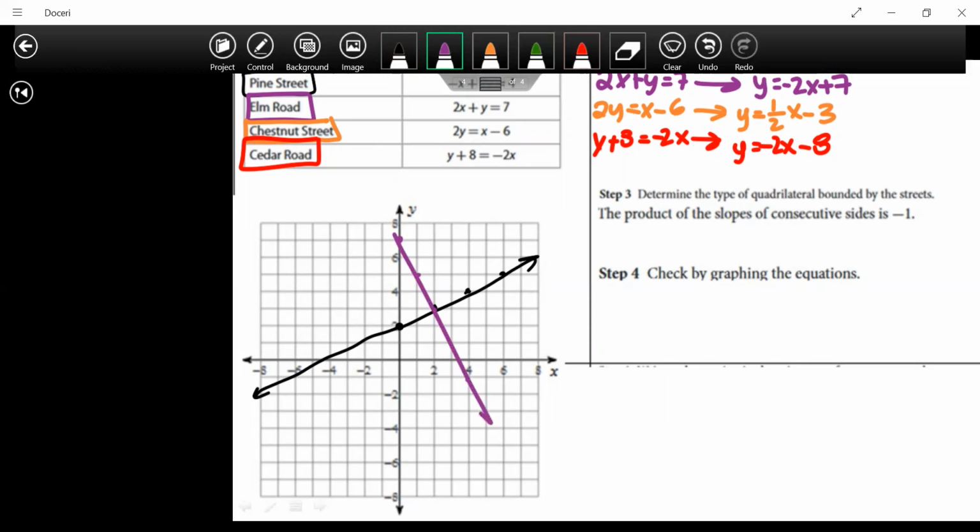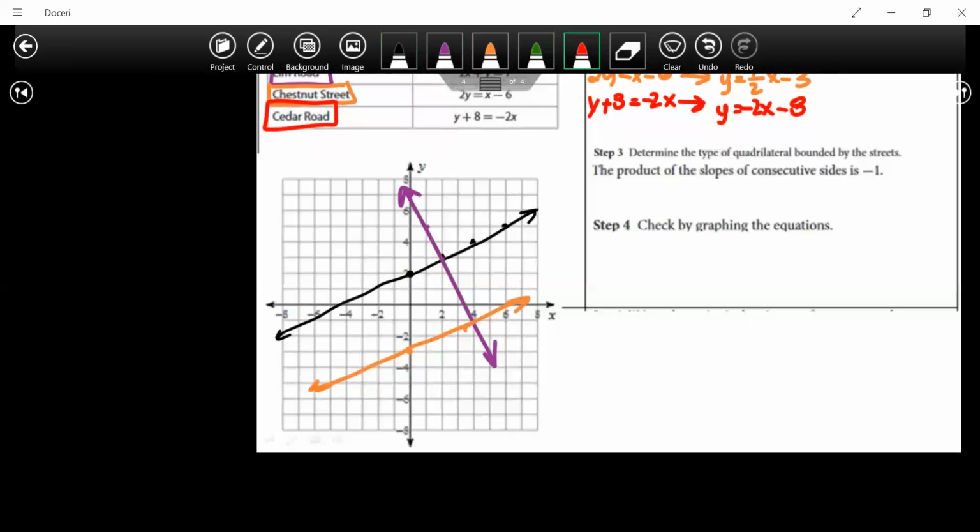So we're getting this look right here. We're going to do Chestnut Street, which is going to go down 3, up 1 over 2, up 1 over 2. And then we're going to go down 8, and then back up 2, back up 2, back up 2. So the inside portion of this is going to be the block of streets that we're going to look at.